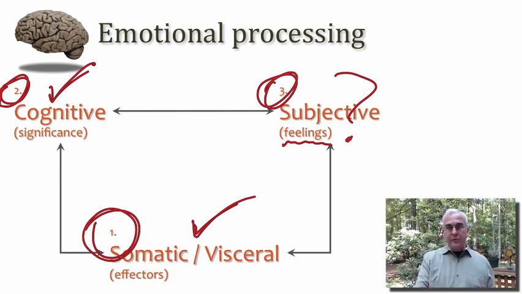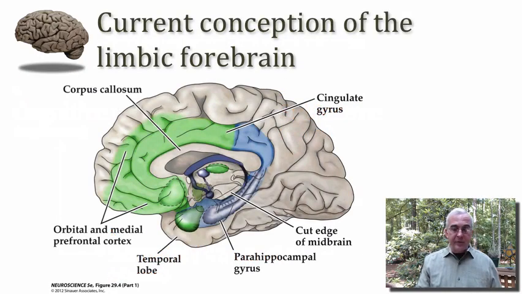Okay, well, what kind of brain system might be involved with these various dimensions of emotional experience and expression? Well, over the course of the 20th century, studies of the emotions have led us into the ventral and medial parts of the forebrain, into what has been proposed to be called the limbic system.